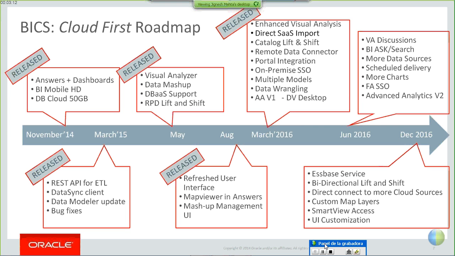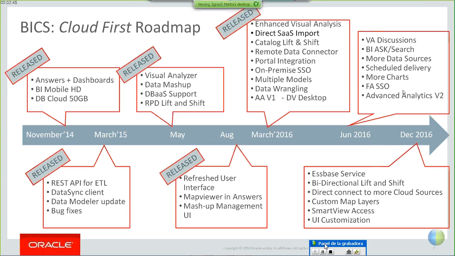If you remember, Shiva was showing you a data visualization desktop with a whole set of various connections, and we are continuously adding more and more there. Those connections and many more will also be available on Analytics Cloud. That's a new product. I think he also showed you a highlight of what that Analytics Cloud looks like, right?